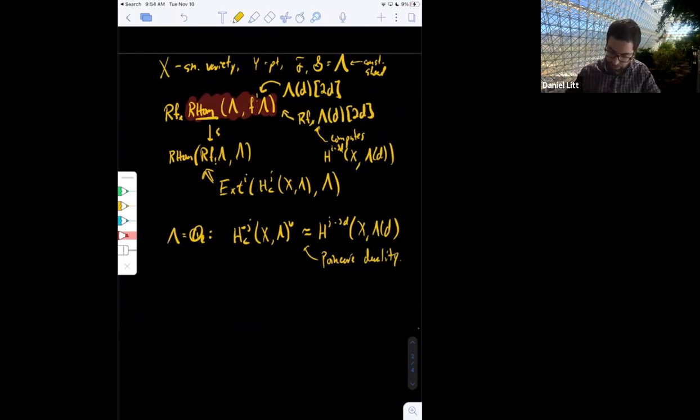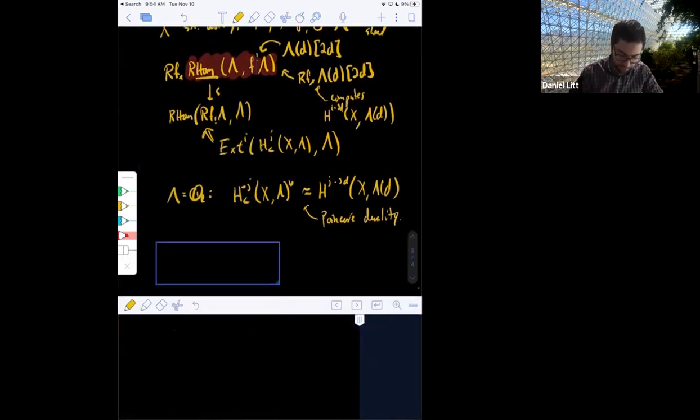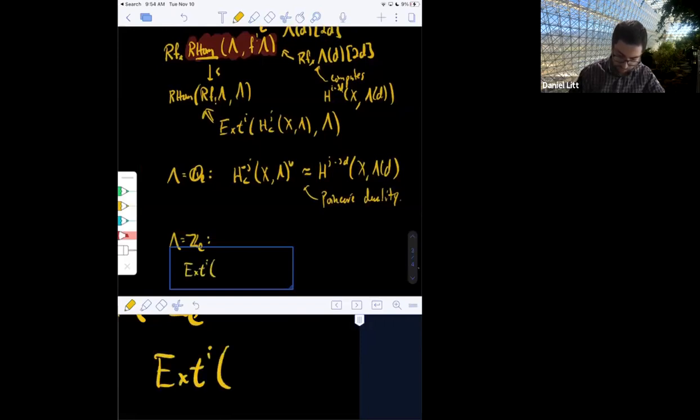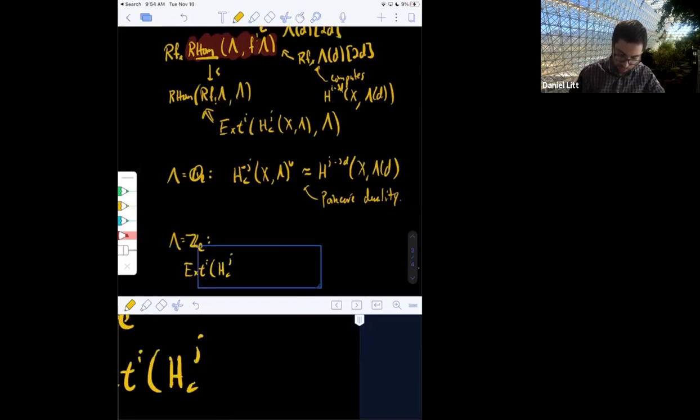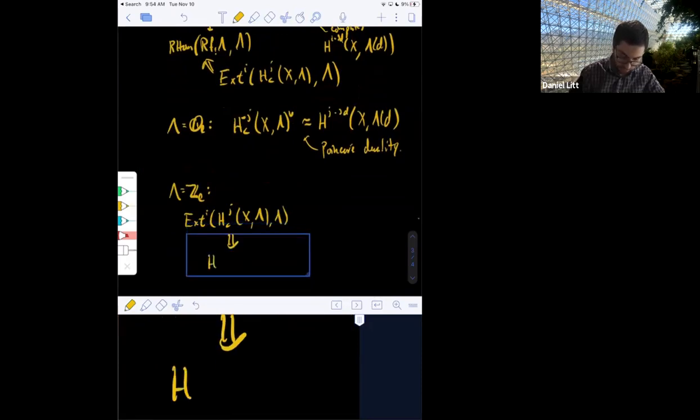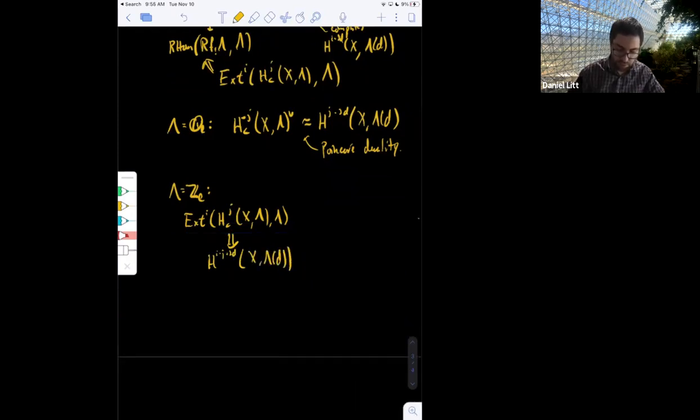All right, let me just briefly remark what happens for lambda equal to ZL. For lambda ZL, you get a spectral sequence, Ext I of H with compact support j of X lambda, and this converges to the thing on the right, which was H I minus j plus 2D of X lambda of D. So what's happening here?